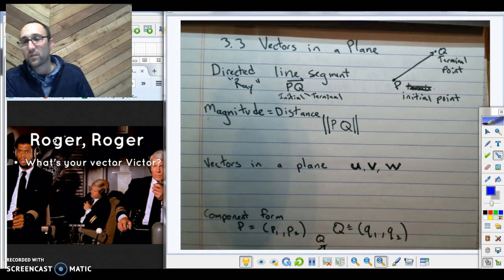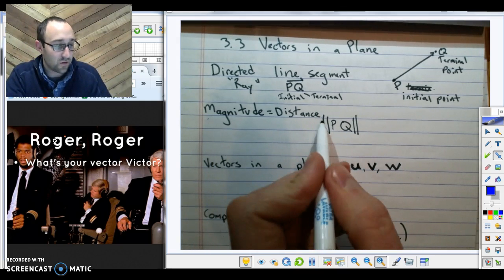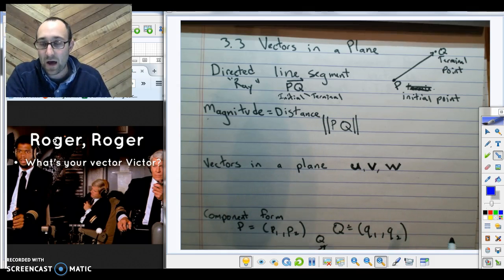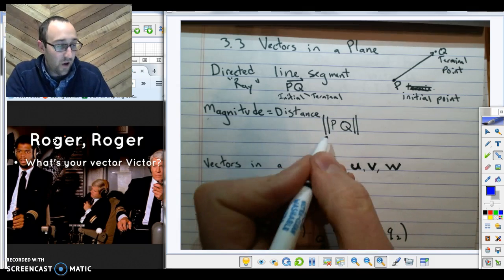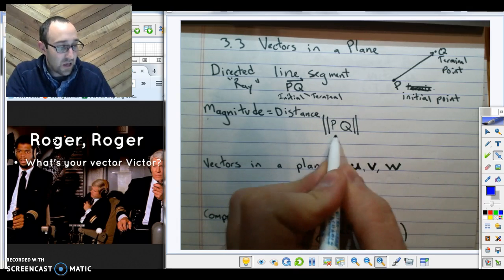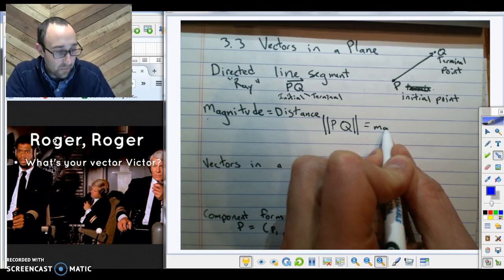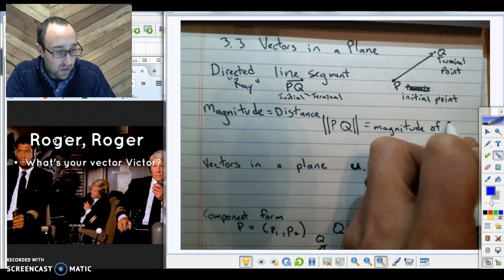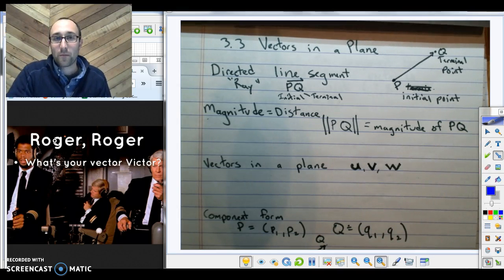Kind of like absolute value, they're a little bit bigger than PQ, so it doesn't look like a 1, 1, PQ, 1, 1, or an II, PQ, II, or any combination of those letters. All right, it's going to be like a double absolute value sign. All right, and when you see that, you think magnitude of PQ. All right, so there you go.